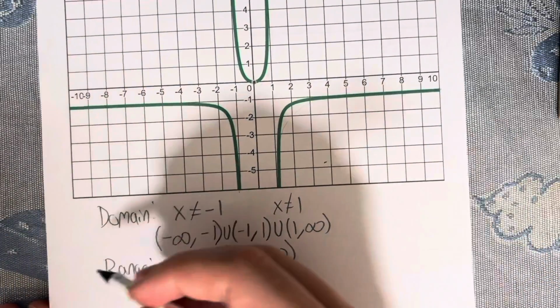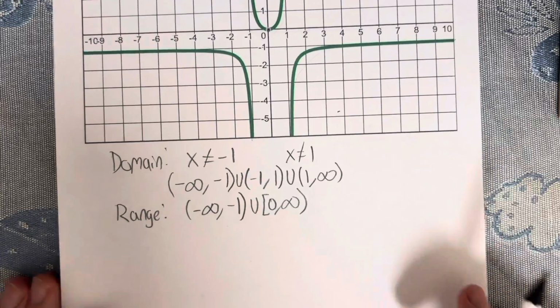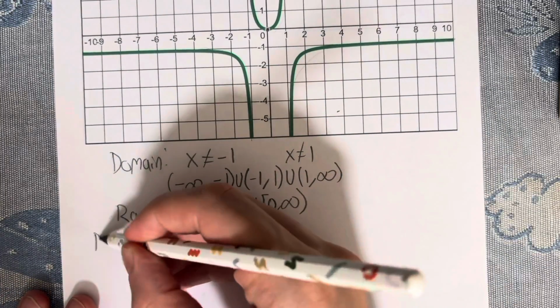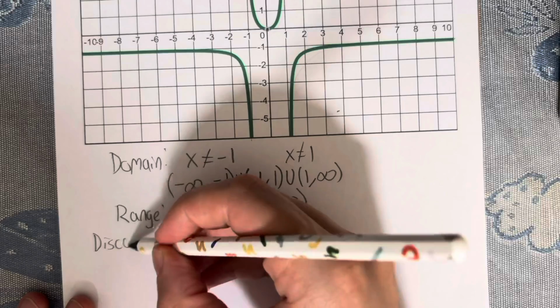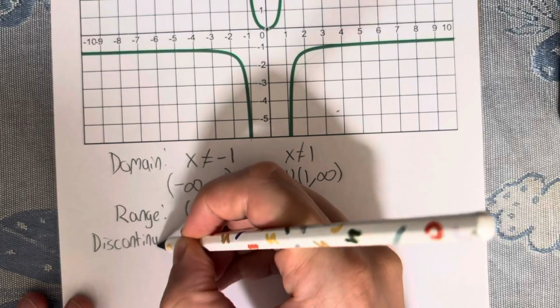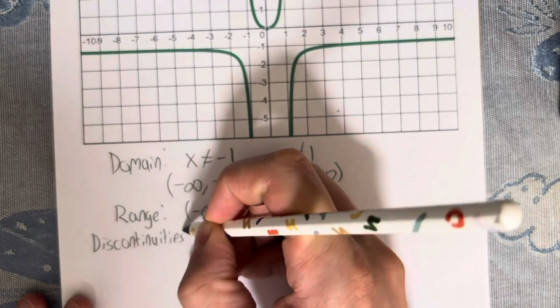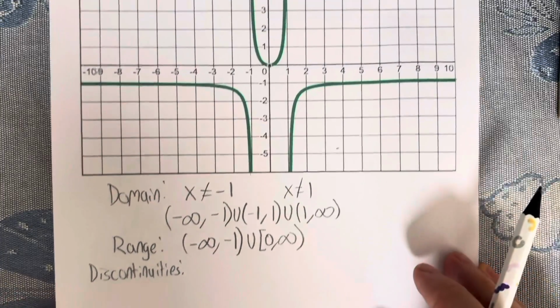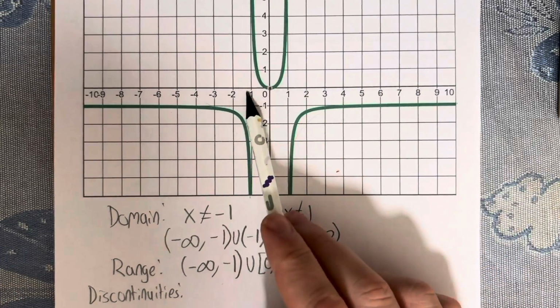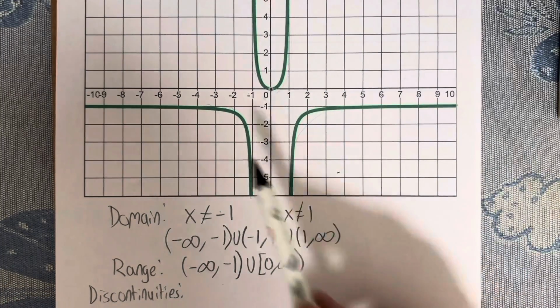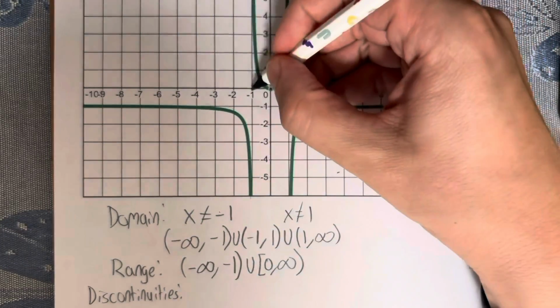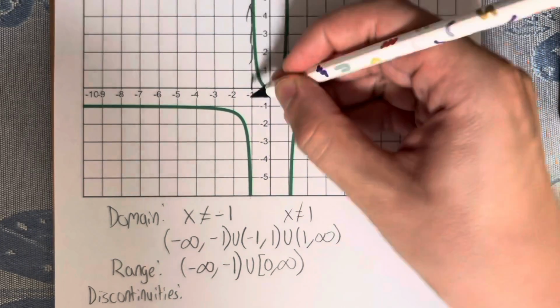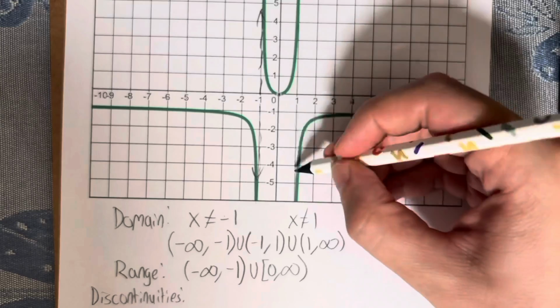Okay, next, most everything else is related to the x values from here on out. Discontinuities, as we know, they're often related to the domain. What's happening at these values that are not in the domain? We've got huge gaps here.